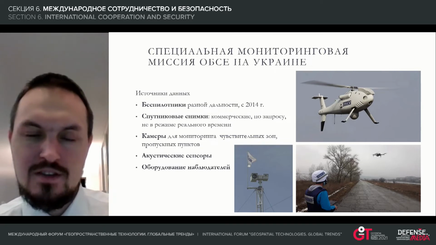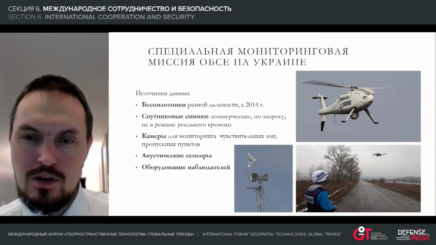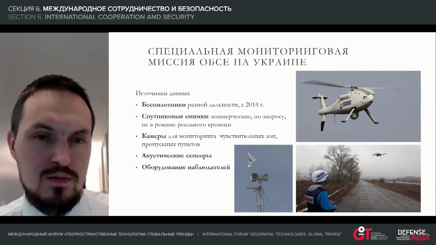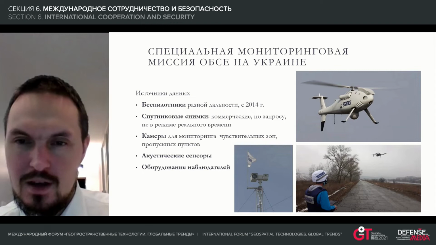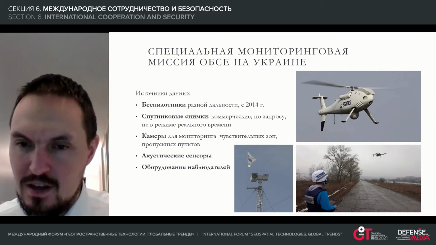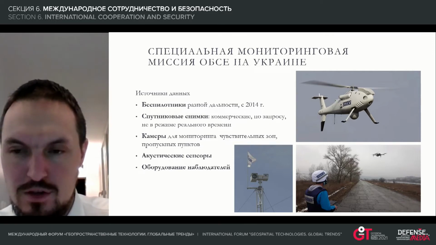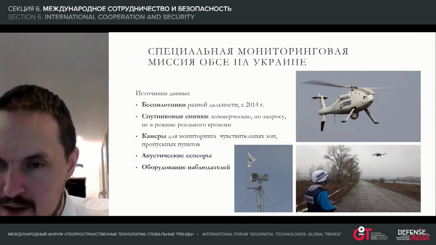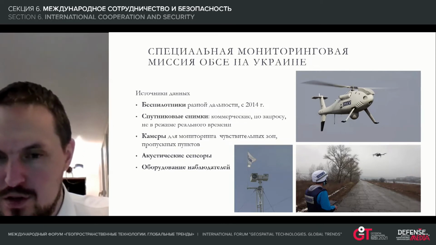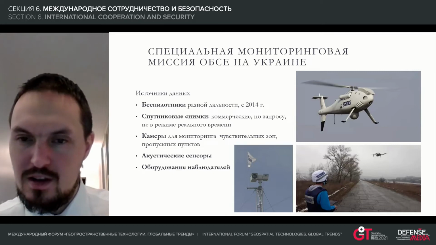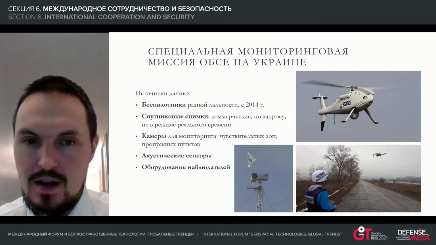And in this image, you can see the unmanned vehicle of Austrian make, which started the monitoring, one of the first. And they even hired special operators who are specially trained to control such unmanned vehicles. And now you can see a lighter drone, lighter unmanned vehicle.